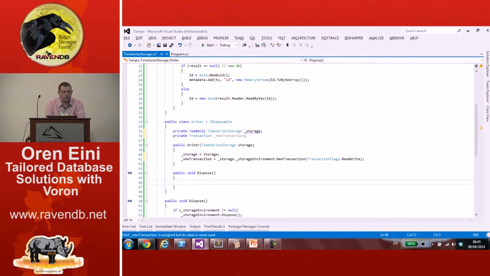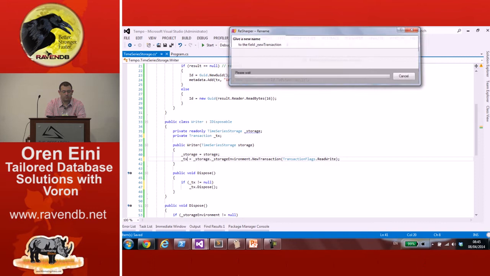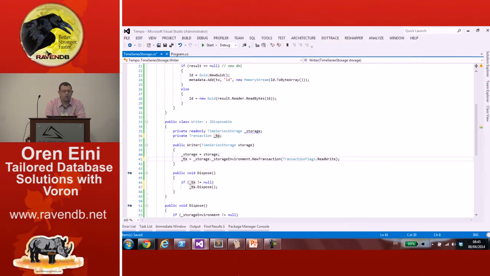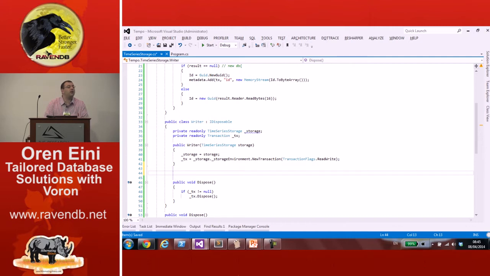So for now, we do it like this. Notice that we use a write transaction because only a single thread can use a write transaction. We know that inside the writer, we don't have to worry about thread safety.